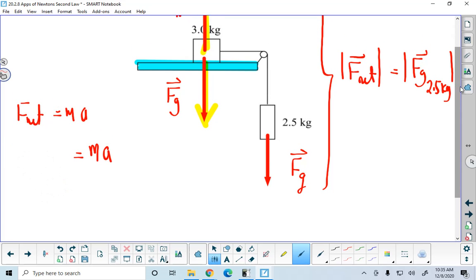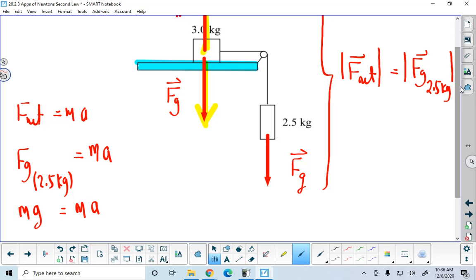So this is a weird situation because there's no opposing force. We're not subtracting anything. But what we're going to have is mg equals ma. And you need to recognize that those two masses are different.